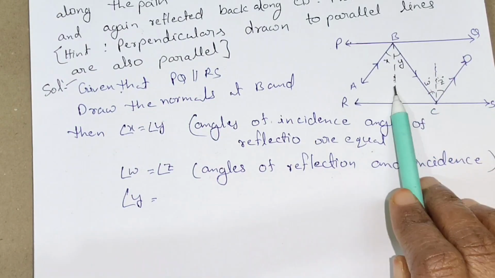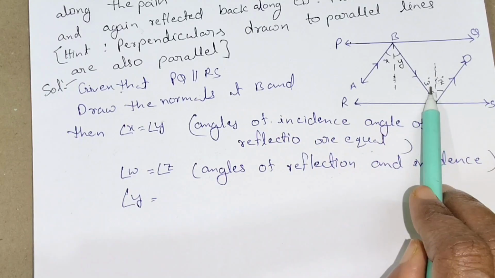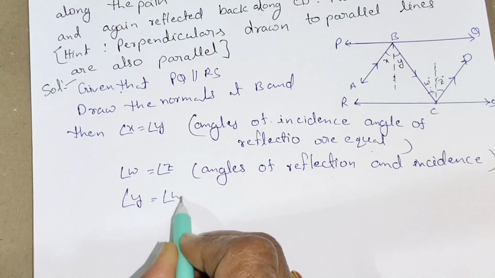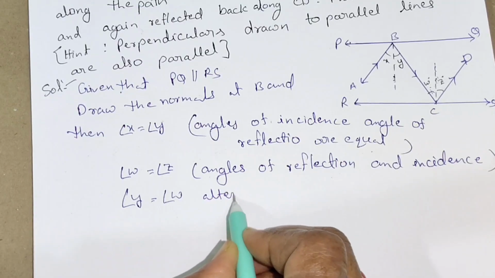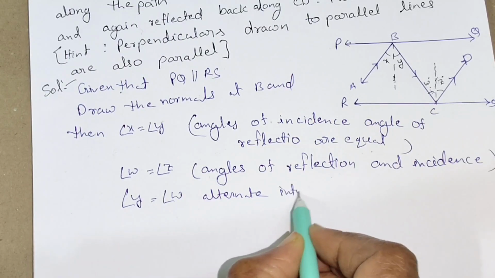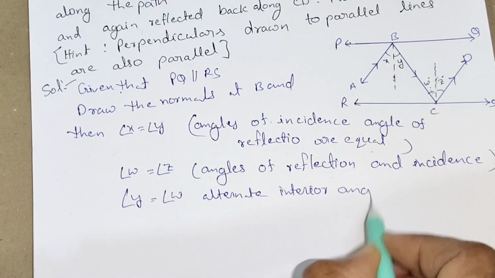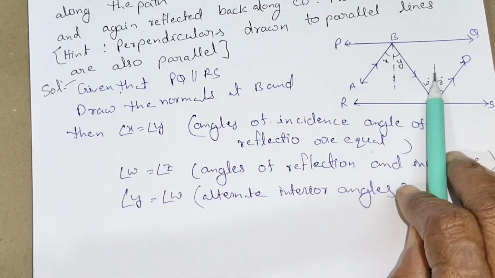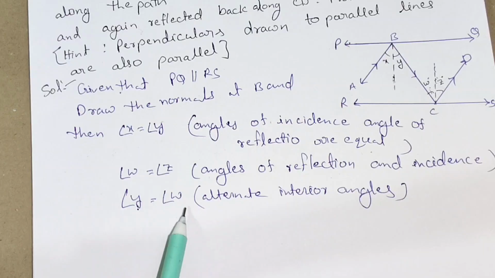These two are parallel, which means y is equal to w, because these two are alternate interior angles. Y is equal to w.